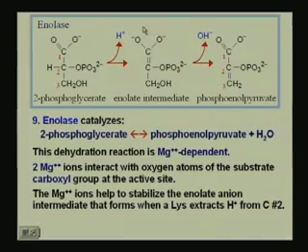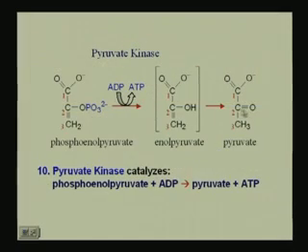So, what happens is the magnesium ions stabilize this enolate ion and then we have an extraction of the hydrogen from carbon number 2 when a lysine actually helps in doing that. Okay. So, the active site in this case would be the presence of the lysine and the presence of 2 magnesium ions that would help stabilize the enolate intermediate. So, our next step now is the formation of pyruvate where we have to lose the phosphate.